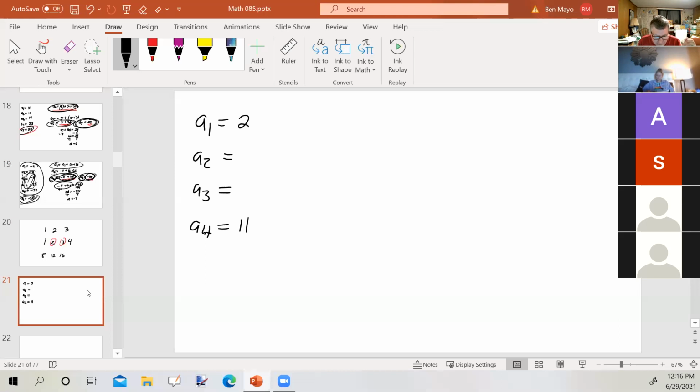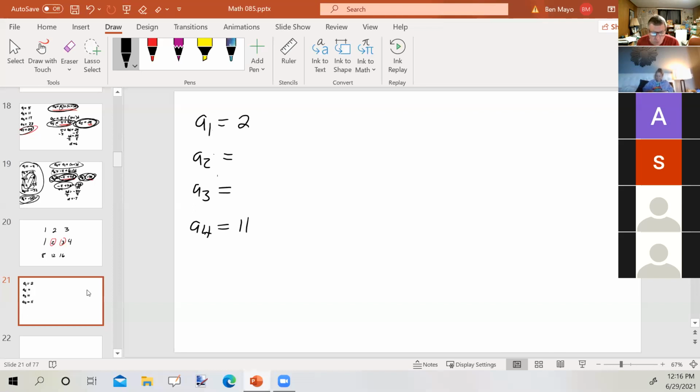Do you see how I got that a sub 4 was 11? If it had asked for 3 arithmetic means, then I would have had a sub 1, a sub 2, a sub 3, a sub 4, and then 11 would have been a sub 5. I've got the first, I've got the last, and I've got how many means in the middle.